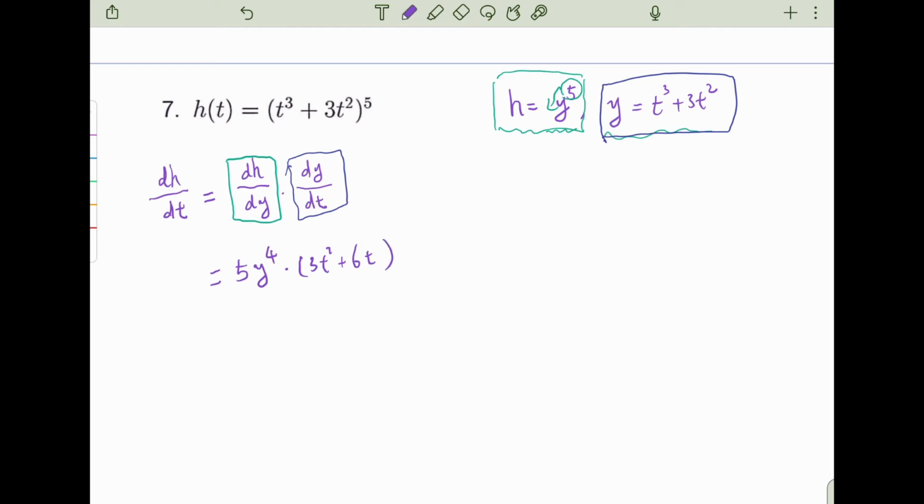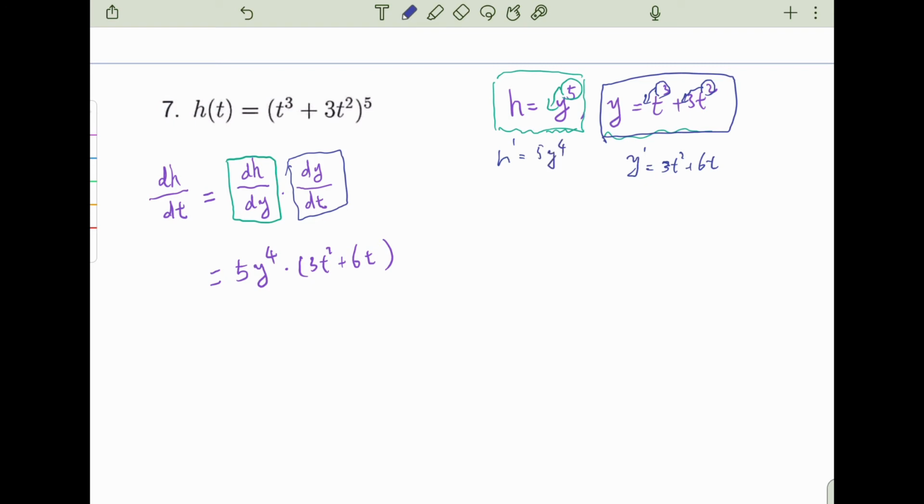That is the derivative of this one. This y prime is equal to 3t squared plus 6t, and this h prime here is 5y to the 4.